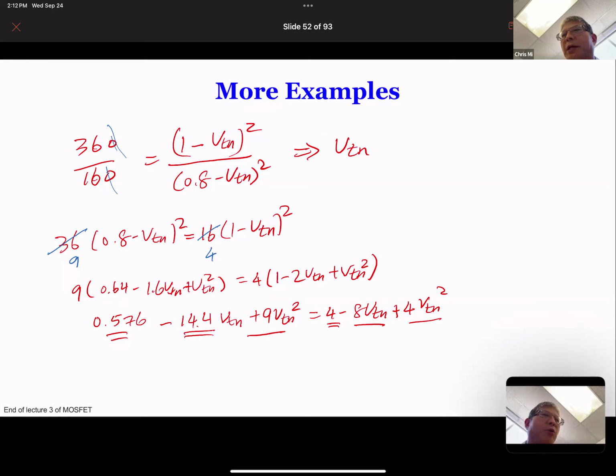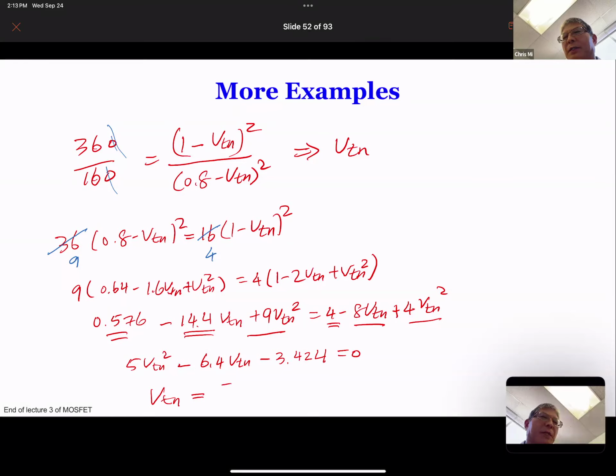Moving everything to this side, we have 5 VTN squared, minus 14.4 minus 8 gives 6.4 VTN, then 5.76 minus 4 gives 1.76, equal to 0. The reason I want to get down to here is because you get two different values for VTN, right?